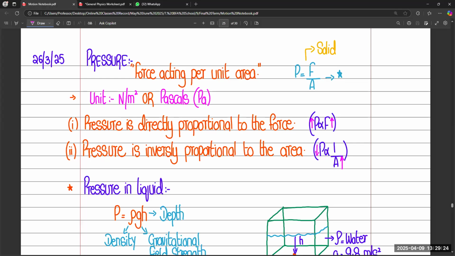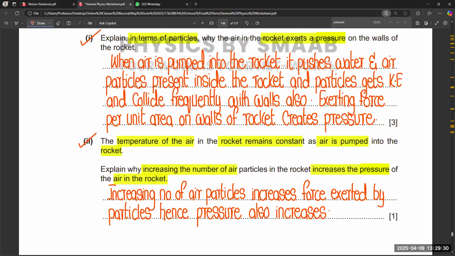So if we increase the force, pressure also increases. So this is for 1 mark only, so we have to explain with one reason. This is the reason how pressure increases with increasing force by the particles.